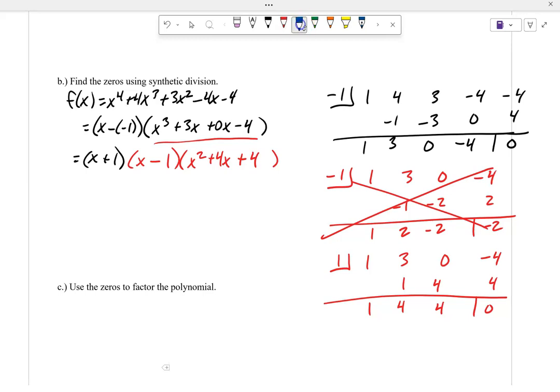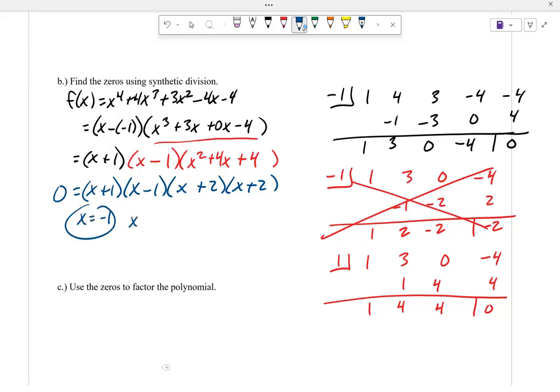And now we can factor that. So we got -1, 1, -2 with multiplicity of 2, meaning it just touches right there. But we don't need to write the repeated 0. And let's go ahead and write it out factored.